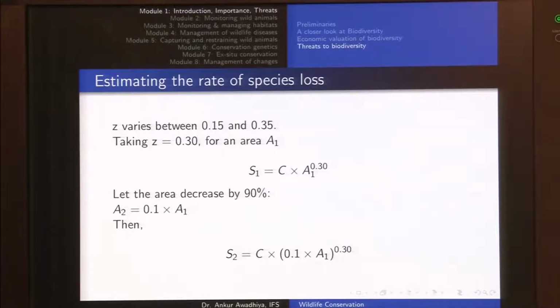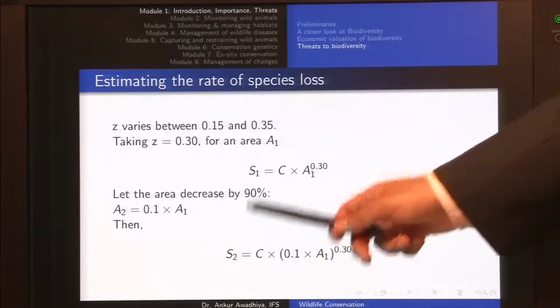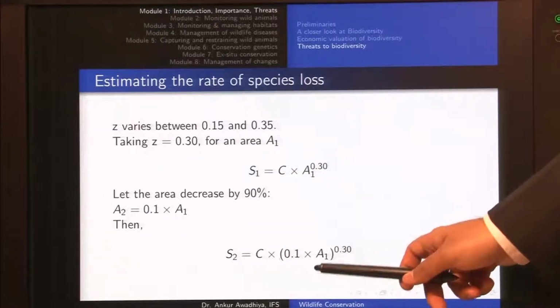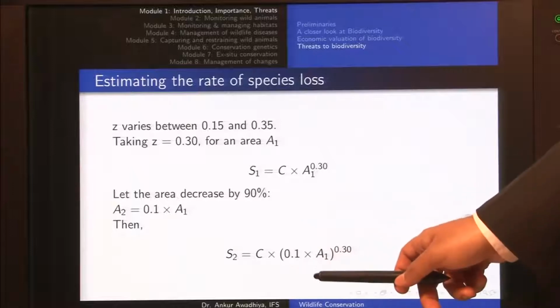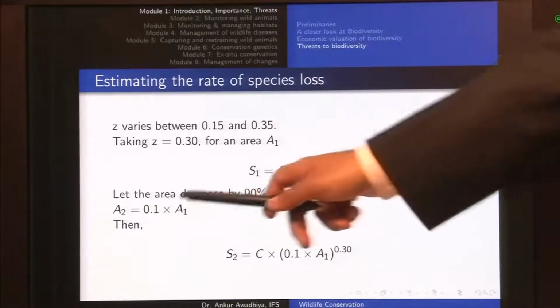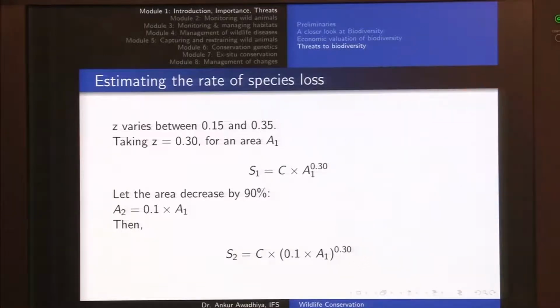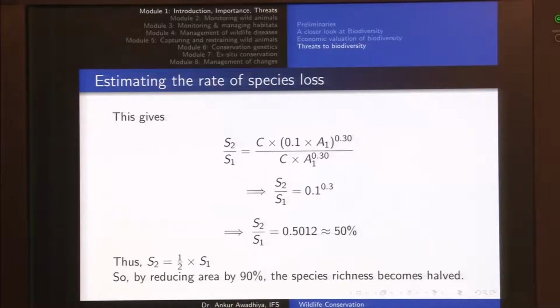and so we can say that S2, again using the same formula, will be S is equal to C into A to the power of Z. Here A is equal to A2, or 0.1 into A1, and Z is 0.30. Now, let us have a look at the number of species that we would have lost. So, we take a ratio between both of these.